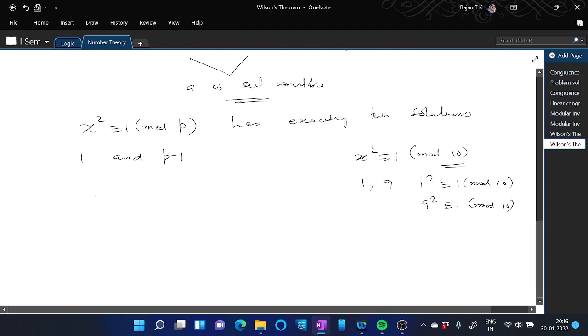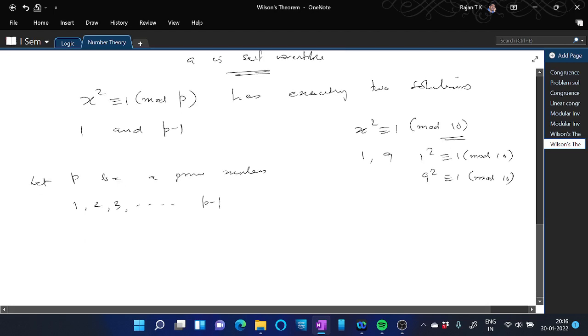Now, for a prime number, it has certain additional property than this. Suppose p is a prime number, then the residues modulo p from 1 up to p minus 1 are such that 1 and p minus 1 are self-invertible.